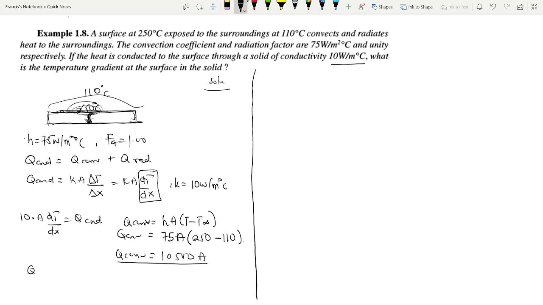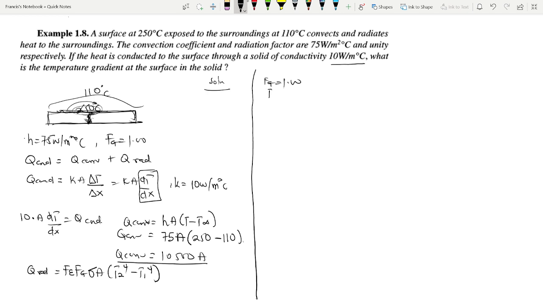Now to find our heat by radiation, we are going to use the Stefan-Boltzmann law, which is F times the view factor multiplying the Stefan-Boltzmann constant, the area, and then T2 exponent 4 minus T1 exponent 4. Now the question says the view factor is 1, so the view factor can be left out.